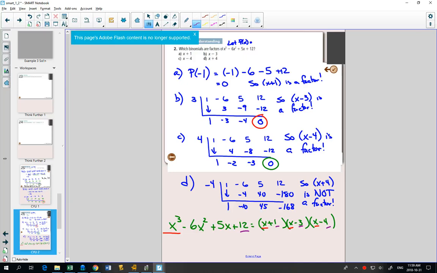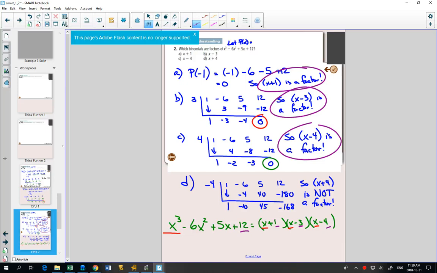The first ones have to match up with your first one. I just stole them from here, here, and here. Why doesn't plus 4 work? It is a factor of 12, but there's only one combination of values that work to get all the middle stuff to work out.